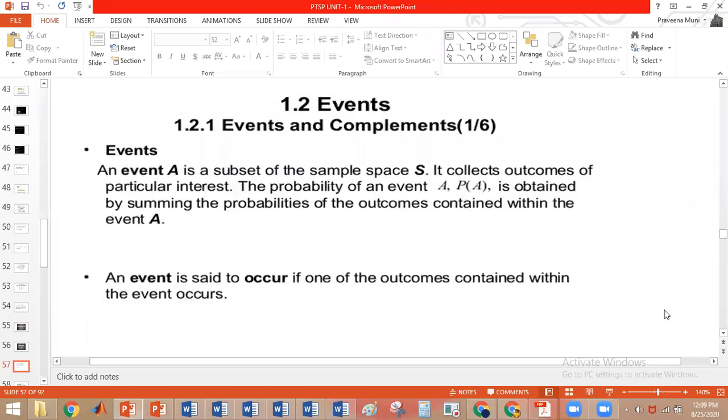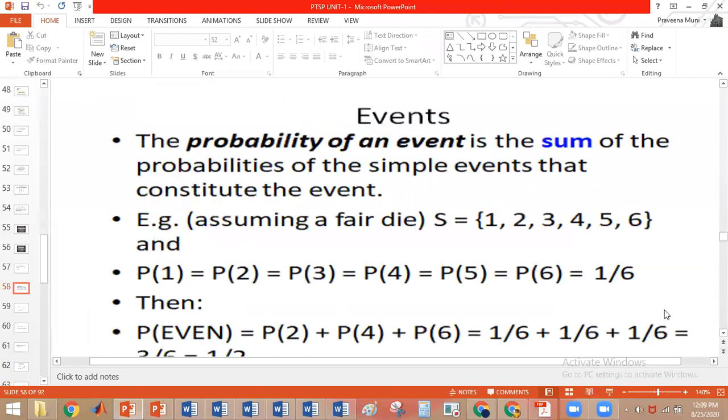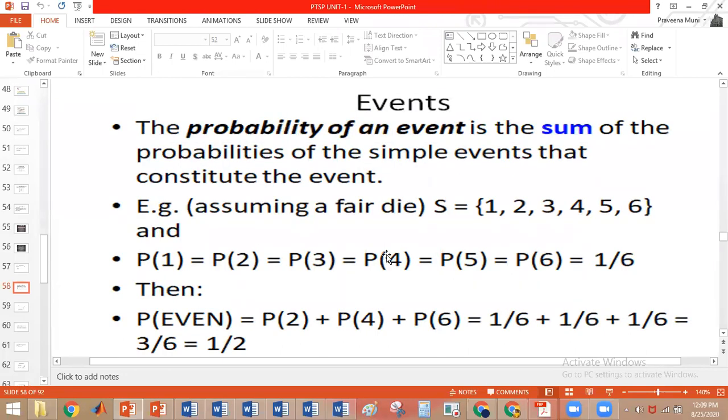So the probability of an event is the sum of the probabilities of the simple events that constitute the event. Each element of the event is called a simple event. For example, when you throw a die, the values are 1, 2, 3, 4, 5, 6, all equally likely, so the probability of each outcome is 1 by 6.